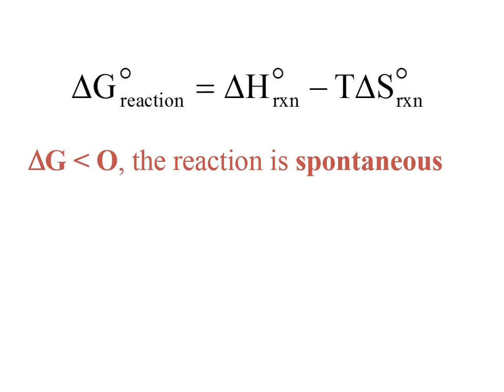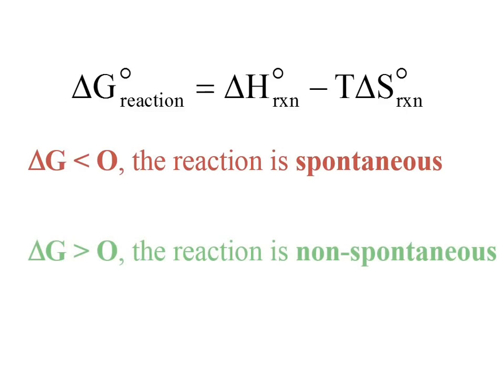So if your Gibbs free energy is negative, less than 0, the reaction is spontaneous as written. If your Gibbs free energy is positive, then the reaction is non-spontaneous from left to right, but spontaneous from right back to left. So generally we say non-spontaneous if it's positive.